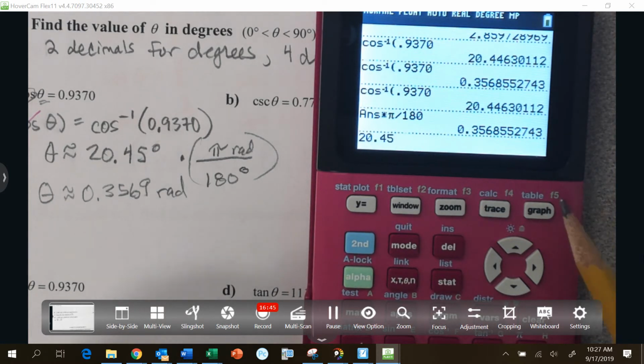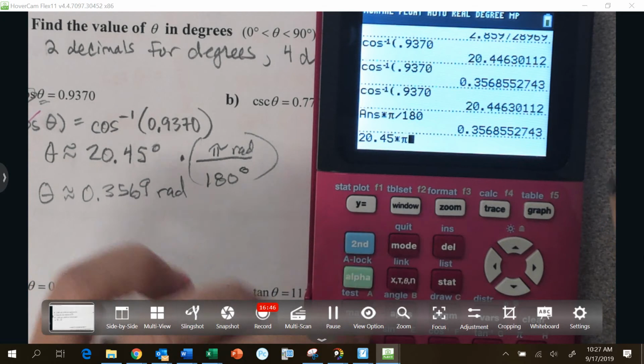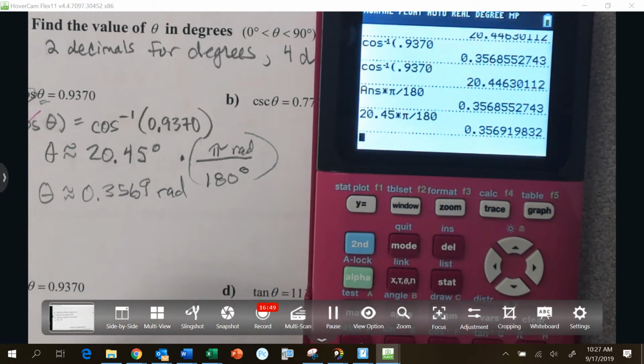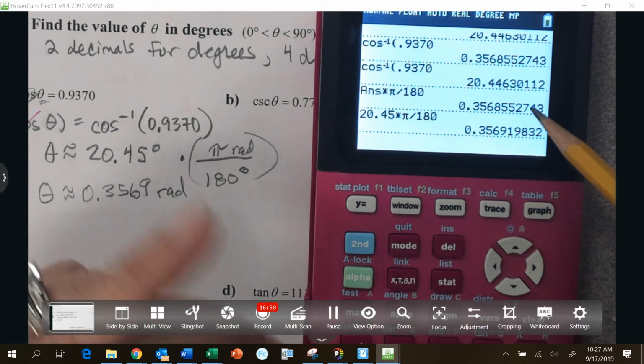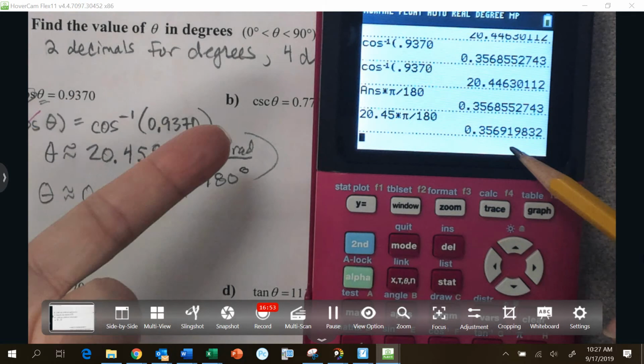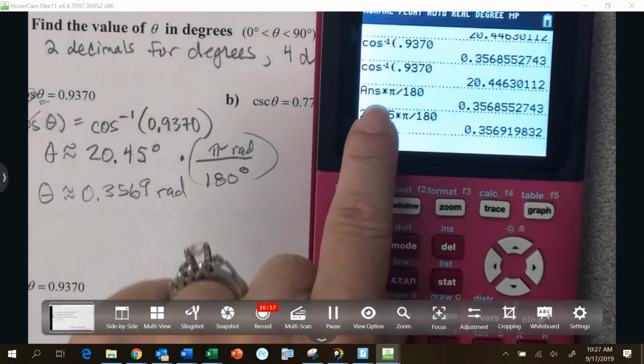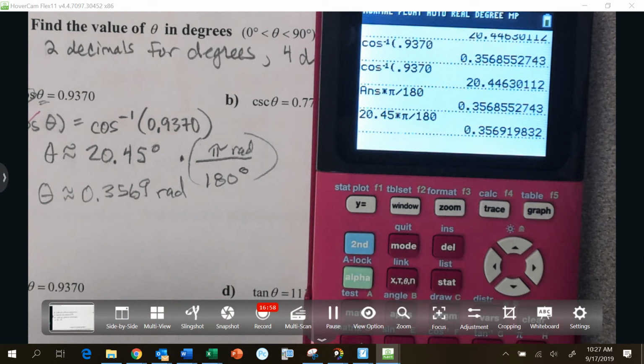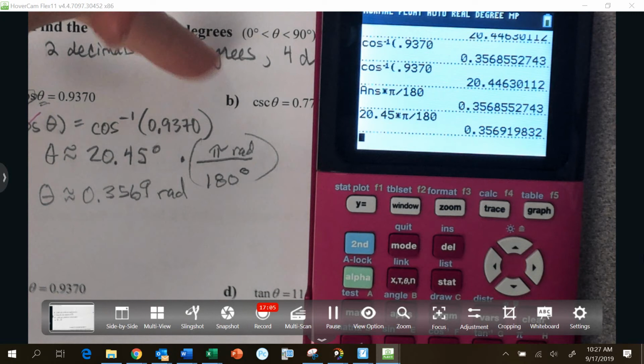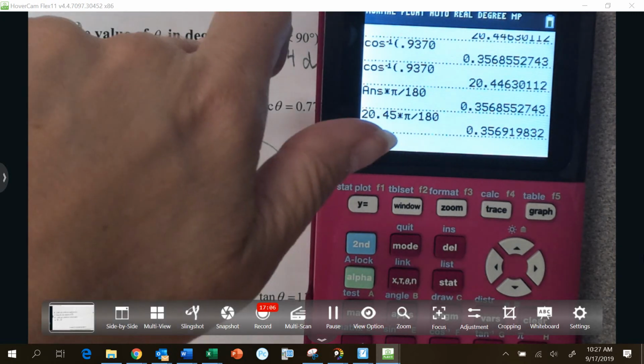Sometimes it would be, sometimes not. So it was the same to 4 decimals, but not always will be the same. So I just use the ANS, or just use that last answer. So there's 2 different ways that you can convert it to radians. You can either just keep changing your calculator around, or you can use the conversion. Either's fine with me. I don't care which one you do.